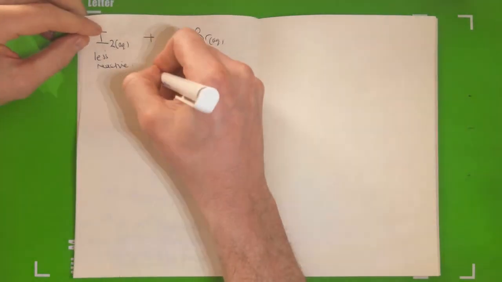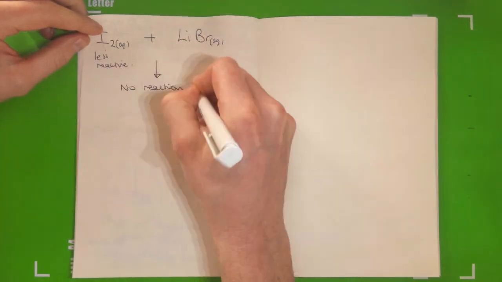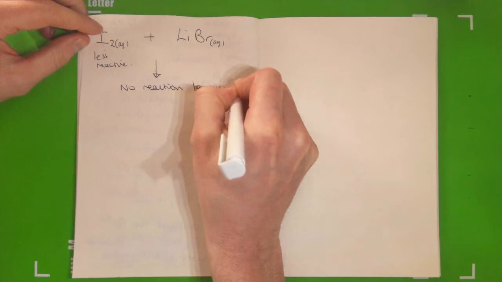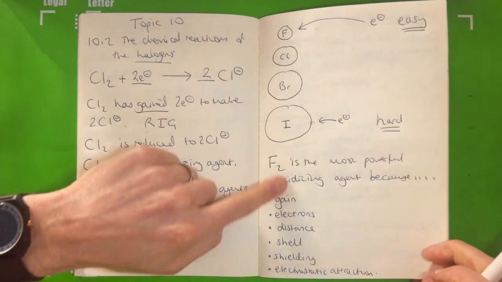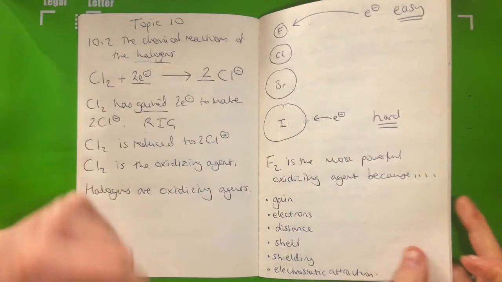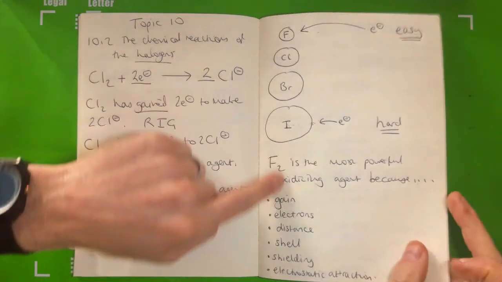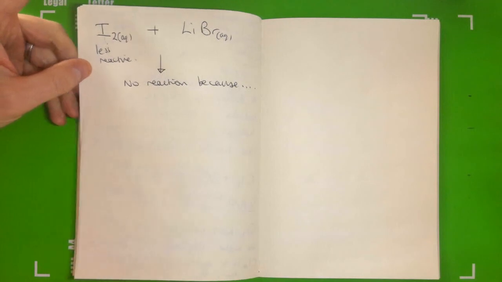So there's no reaction. I want to explain why there's no reaction. You can use some of those keywords to explain a little bit more detail rather than just copying the rule down. So I'd like to use some of those words there to explain why there's no reaction there.